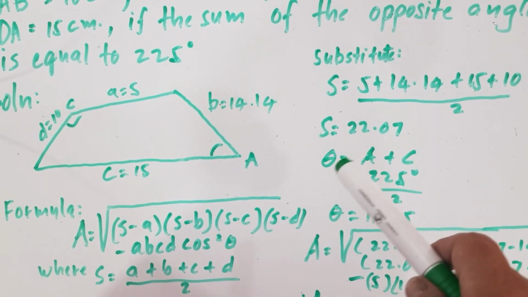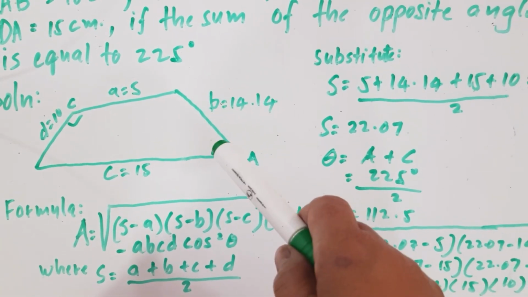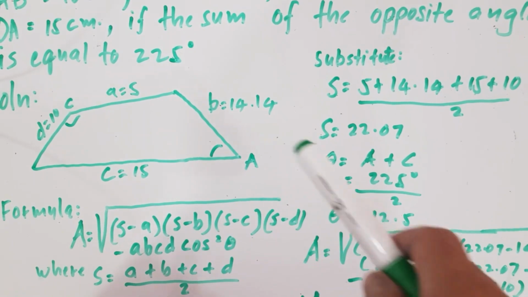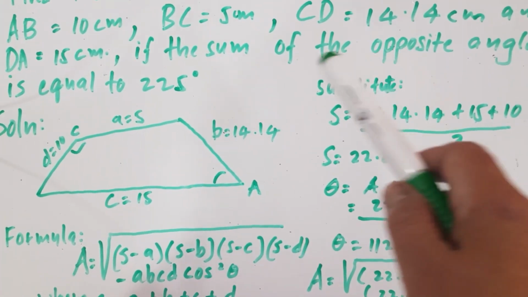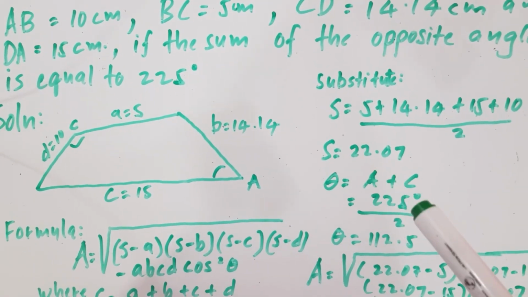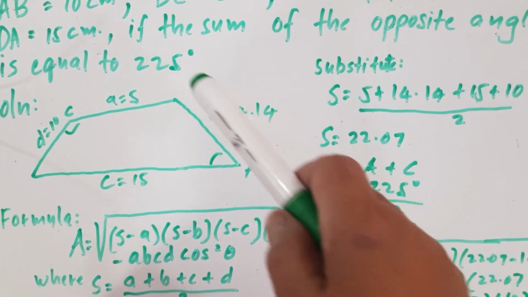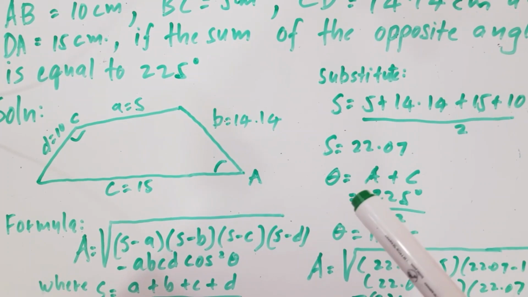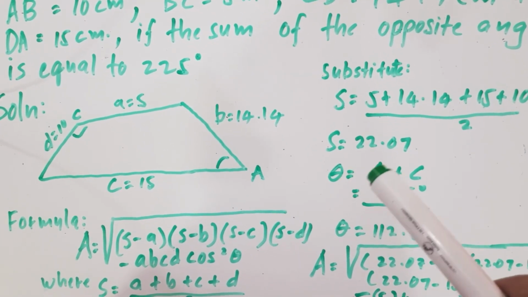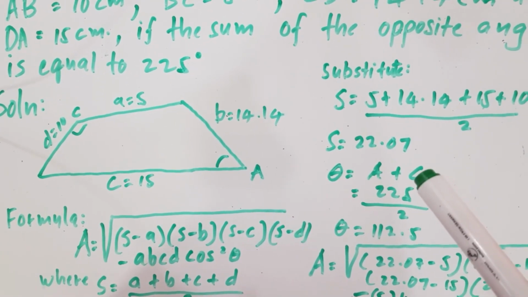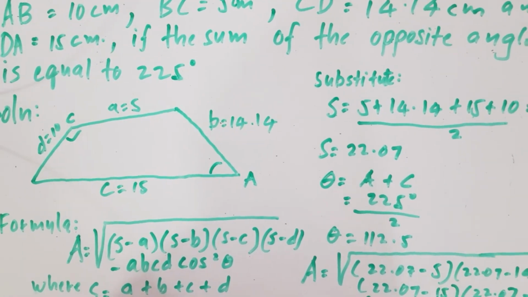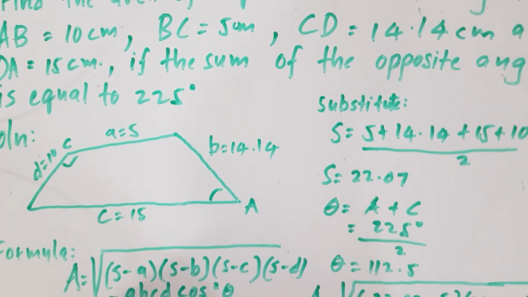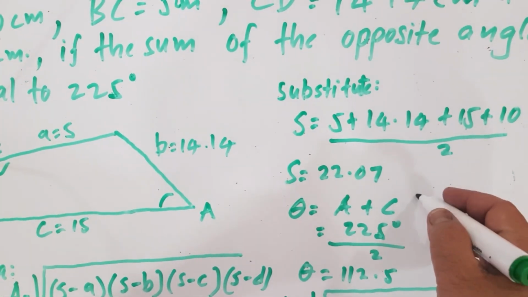Now, to solve for theta, we have to add angle A and angle C, which is given also in the problem, that the total of the opposite angles is equal to 225 degrees. Therefore, our theta here is equal to A plus C divided by 2.